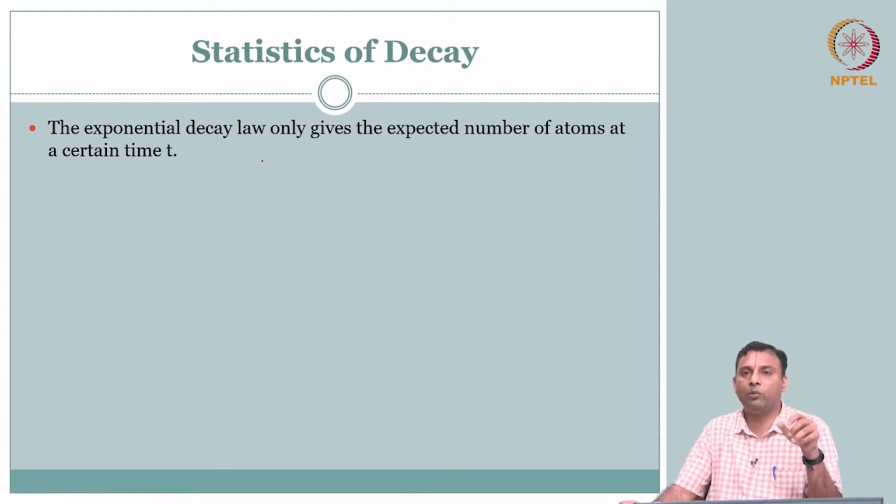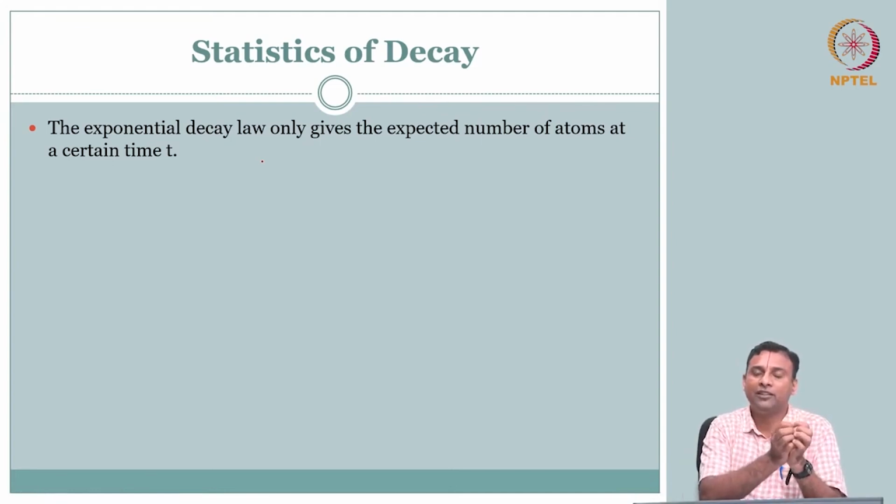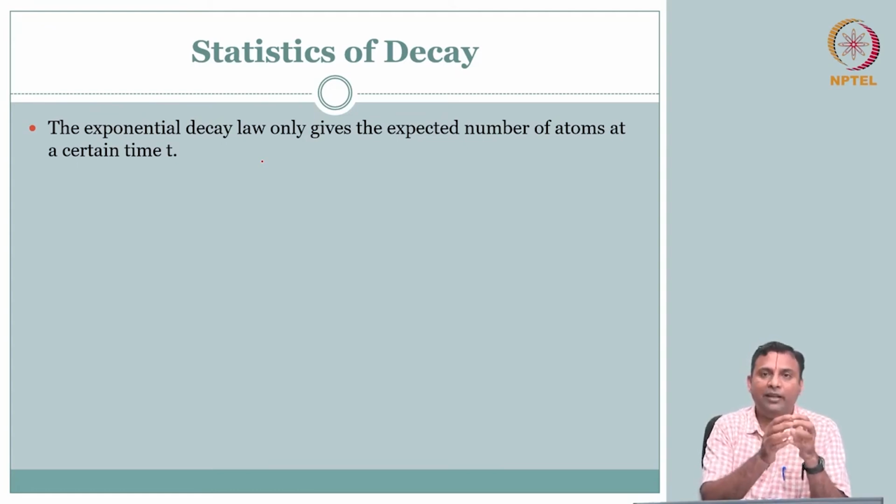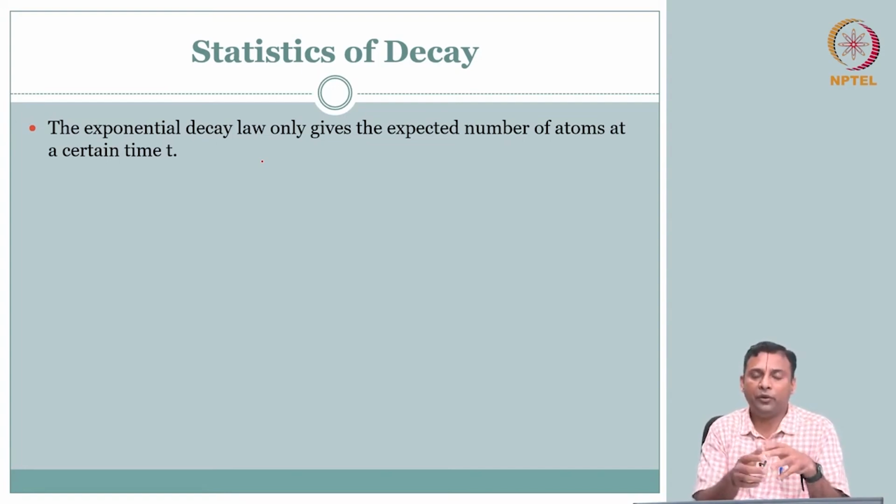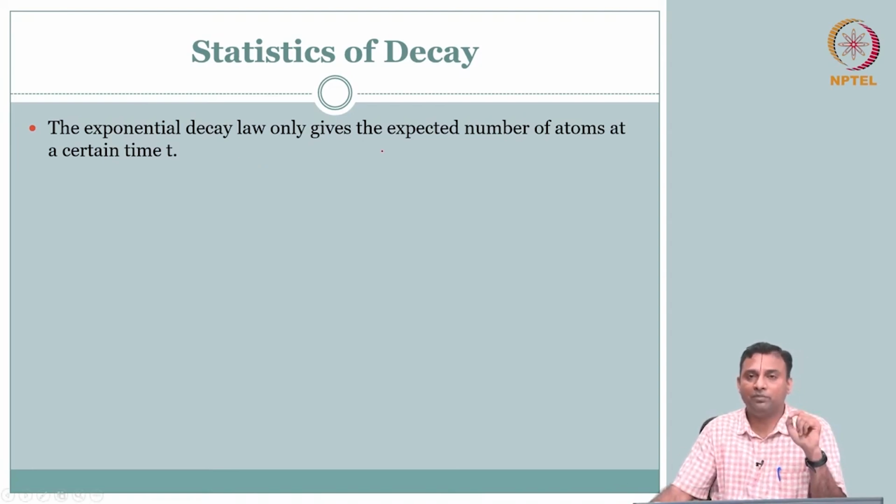However, if you do this experiment, take some x milligrams of a radioactive material and observe it over some short time delta t, see how many atoms have disintegrated, and then repeat it multiple times with the same material, same everything, same time duration, what will you notice? You will notice that you will not get the same expected value every time.